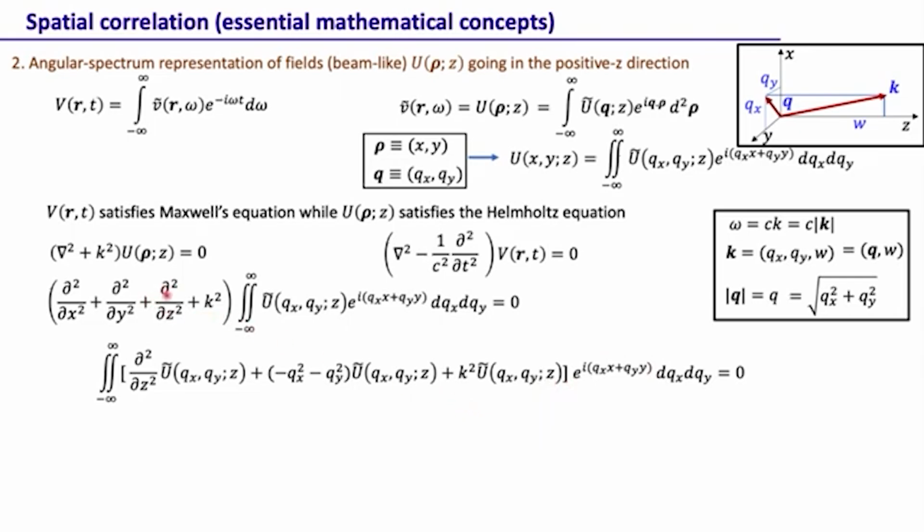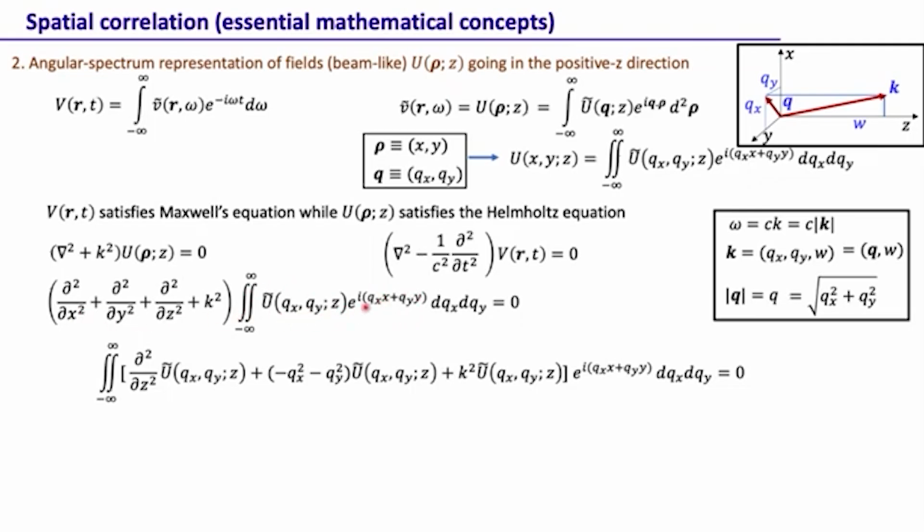For del square del z square, this will only act on this term and it won't act on this term. So when it acts on this term, we just write del square del z square of this quantity u tilde(qx, qy, z) here, and then this we just separate out. For del square del x square, it won't act on the first term, it will just act on the second term because there is an x here.